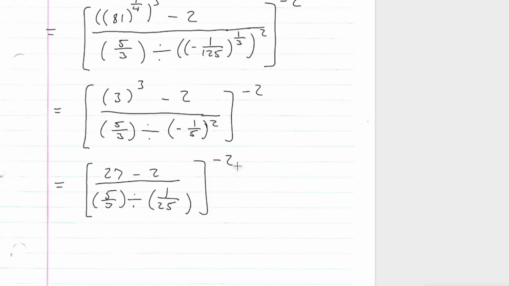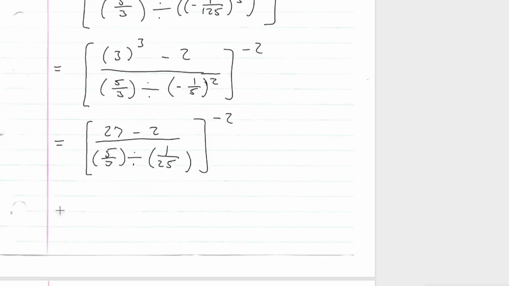Okay, so now what we can do is 27 minus 2 is 25. And when we divide fractions, it's the same thing as multiplying by the inverse of this guy here. So this would be 5 over 3 times 25 over 1.